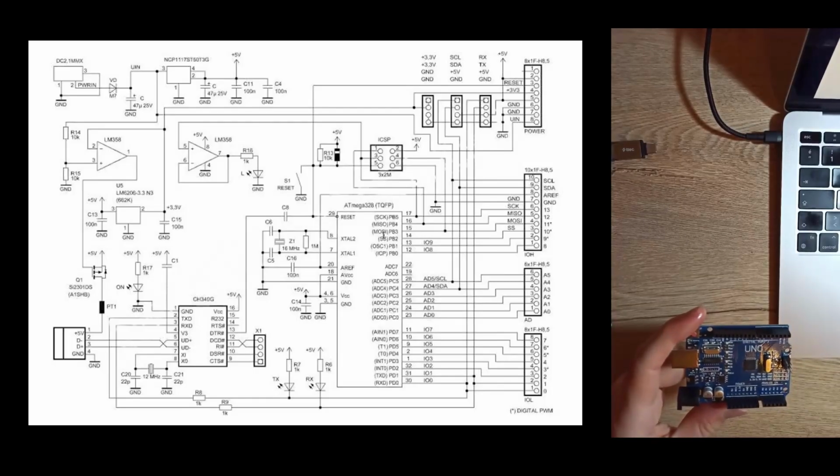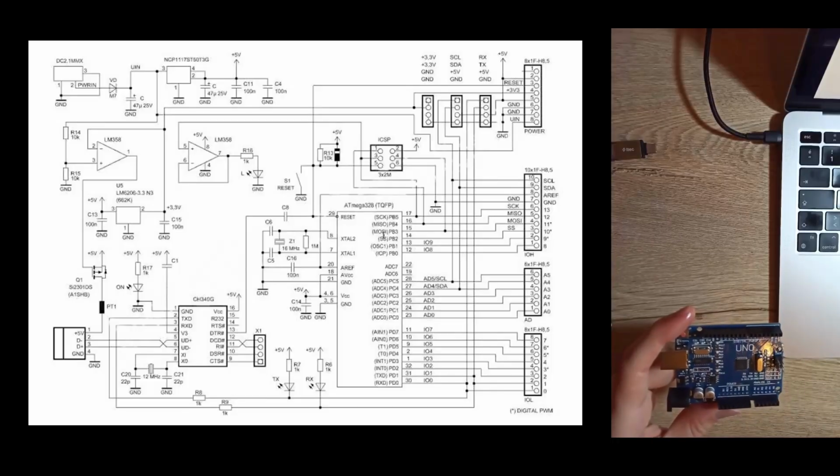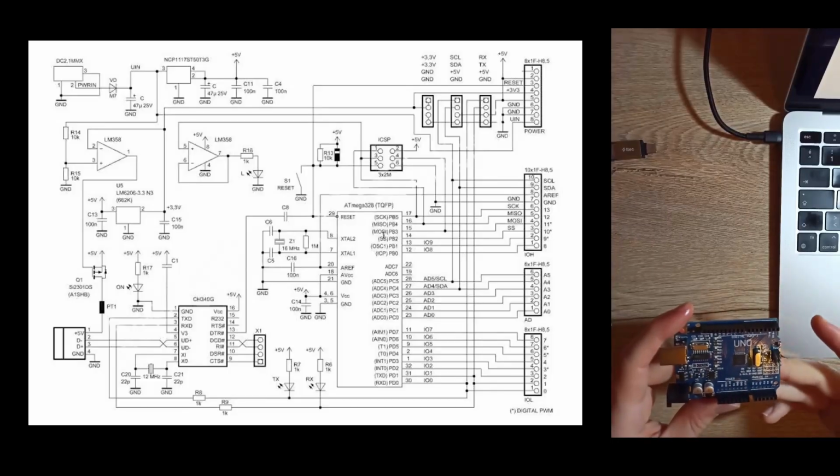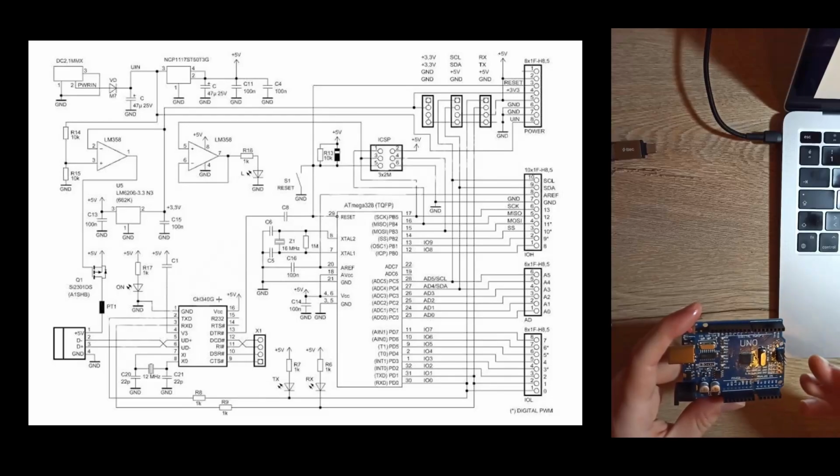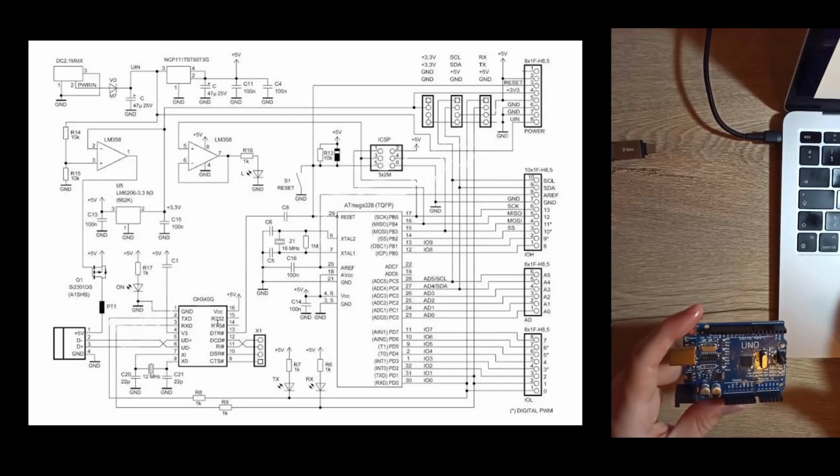And the microcontroller understands UART and SPI. In Arduino Uno, we've got a USB to UART converter chip called CH340G. Maybe in your Arduino Uno it's a different chip, but the main idea is the same.